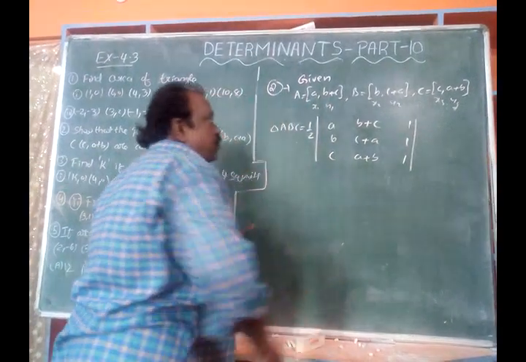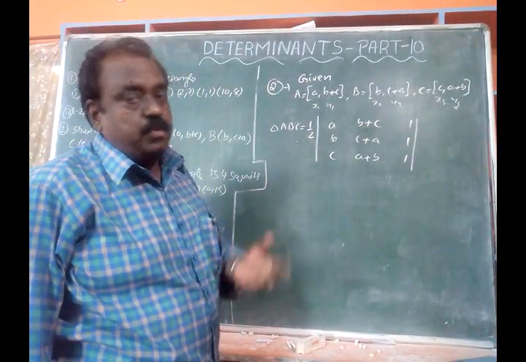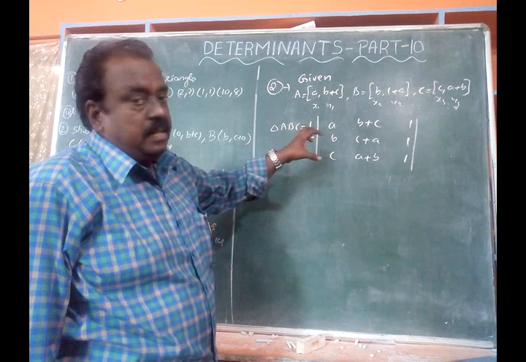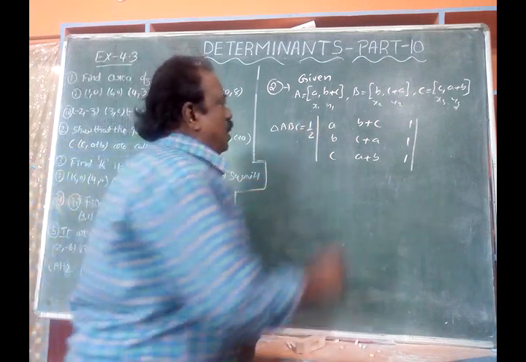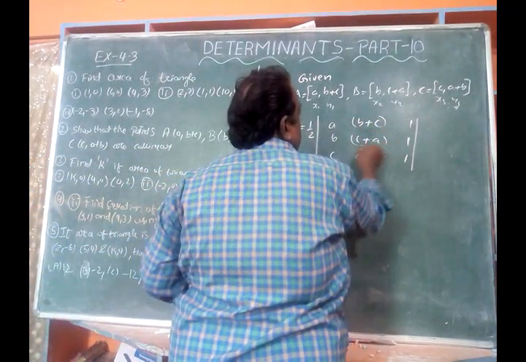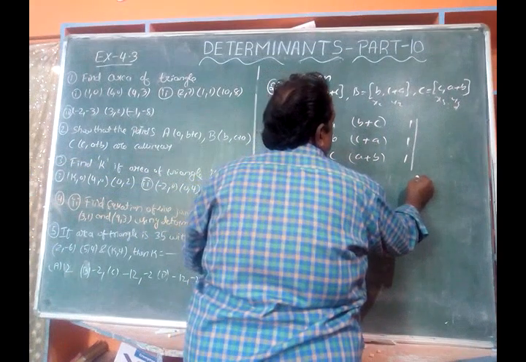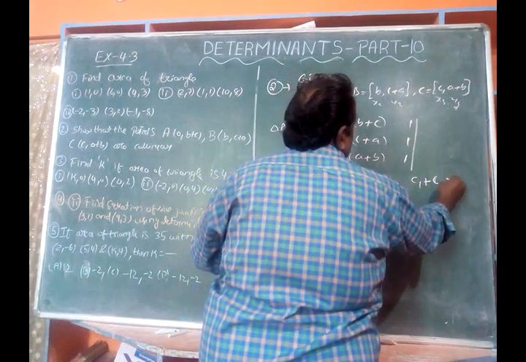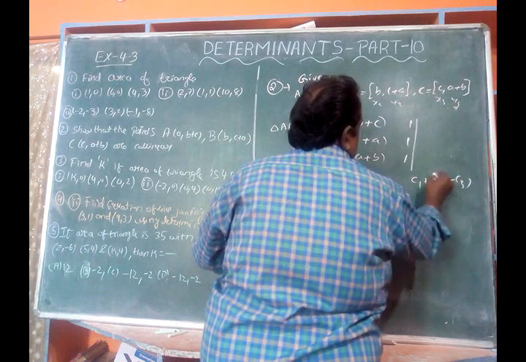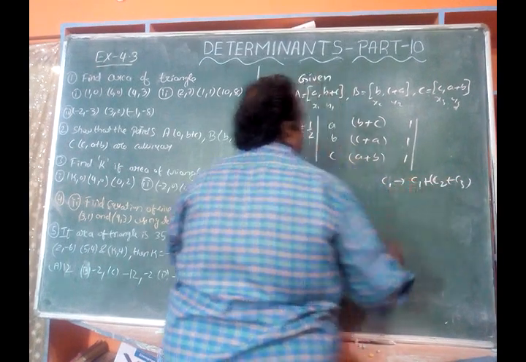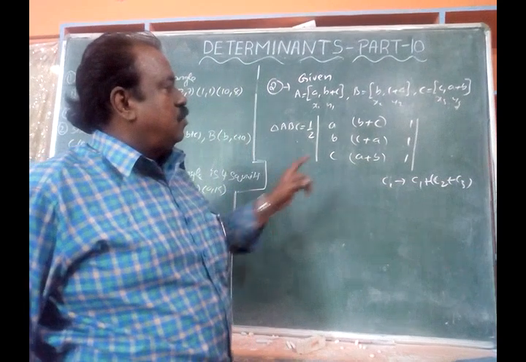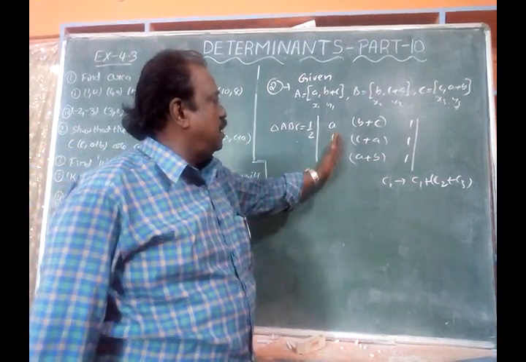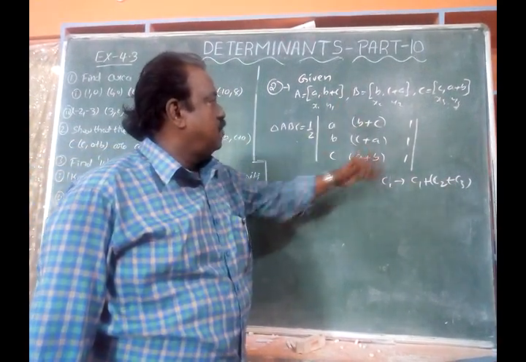You see, without expansion, by using the properties here. Simply C1 is added with C2 plus C3. C1 is added with C2 plus C3. This is C1 and this is C2.